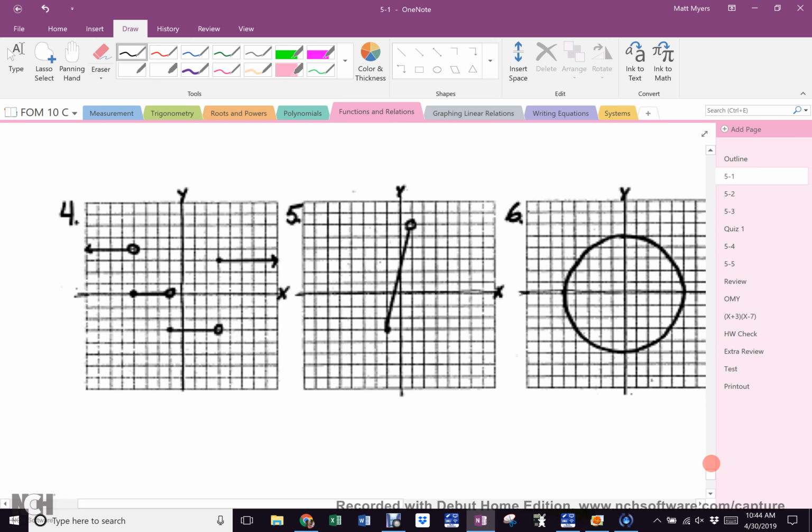And this one has 3 closed dots or open dots, and 2 arrows. And number 5 has 1 open dot up at the top here.